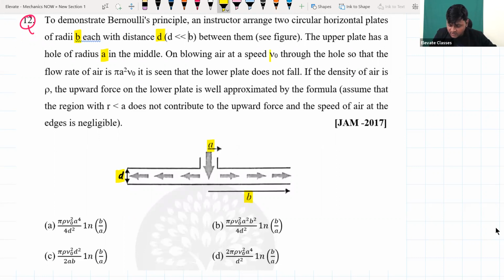On blowing air at a speed of v naught through the hole, so that the flow rate of the air is pi a square v naught, it is seen that the lower plate does not fall. If the density of air is rho, the upward force on the lower plate is well approximated by the formula. Assume that the region r less than a does not contribute to the upward force and the speed of the air there is negligible. So what is the upward force?